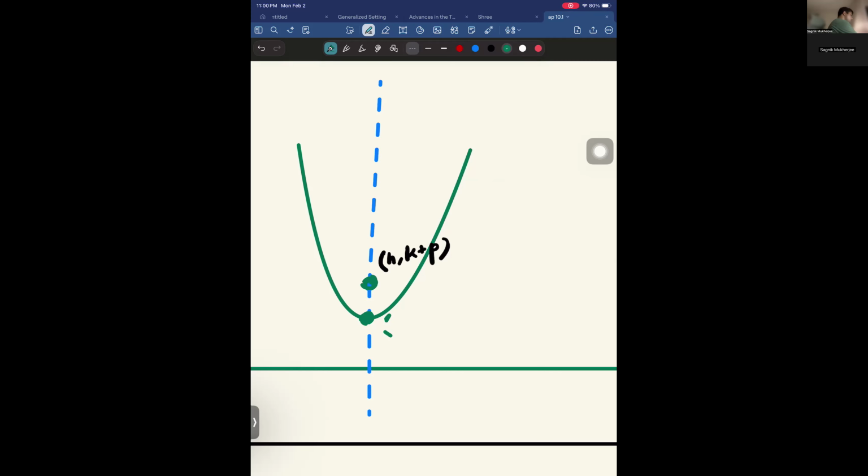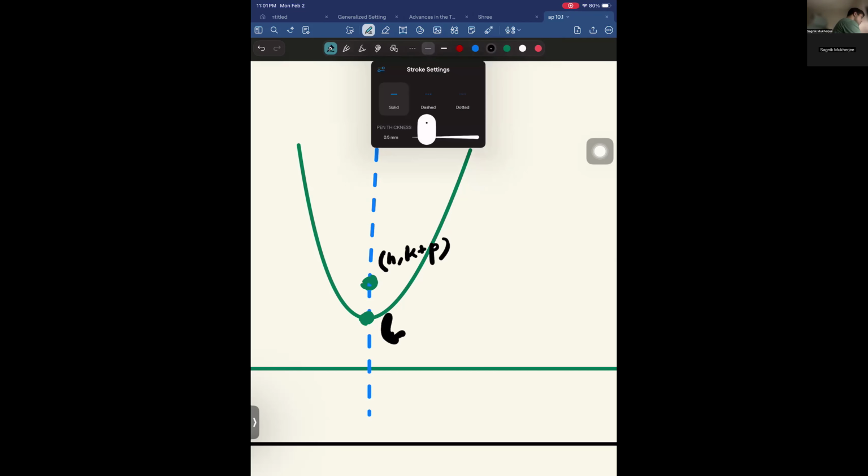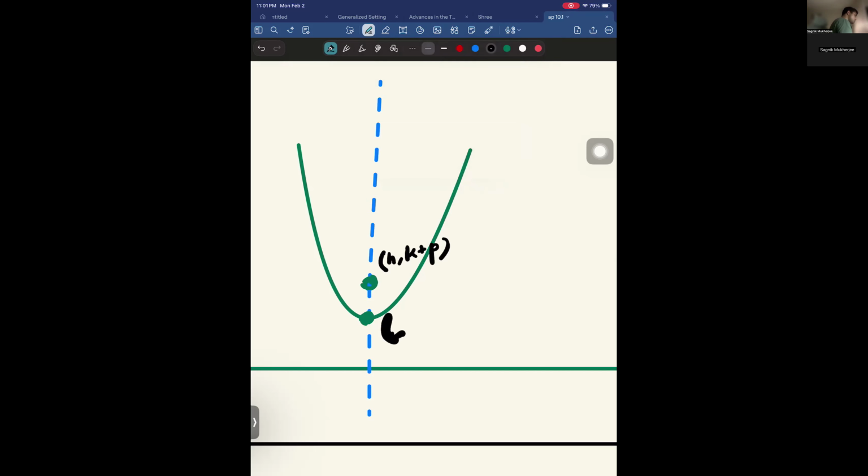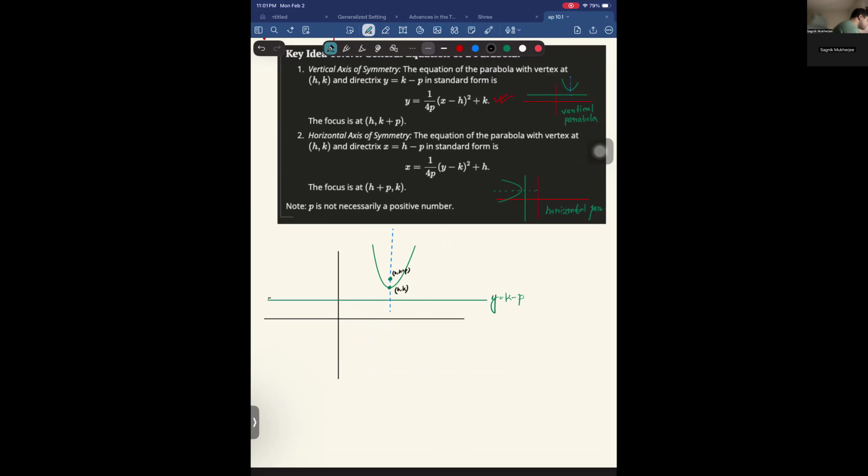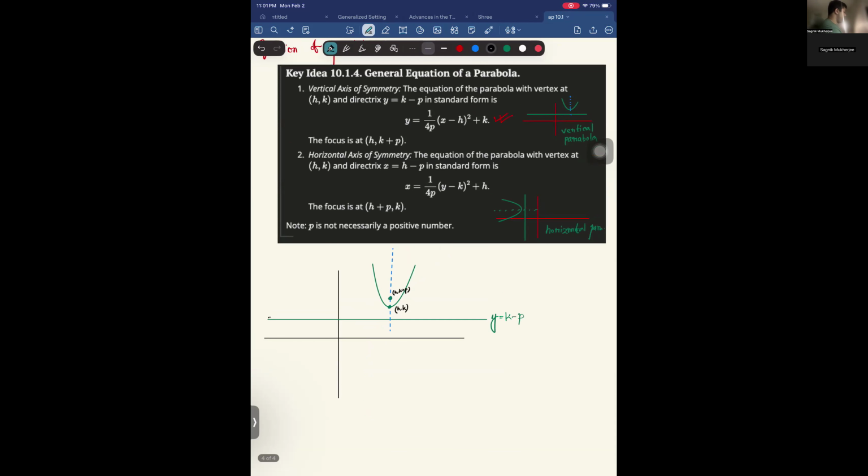So the focus has coordinate h comma k plus p.